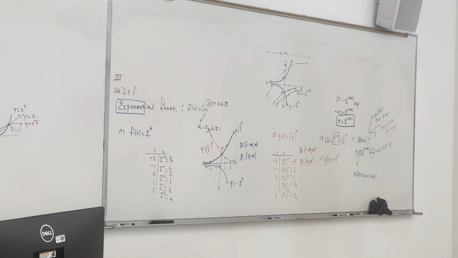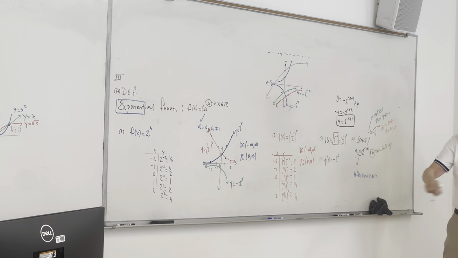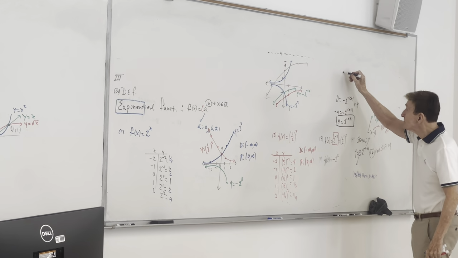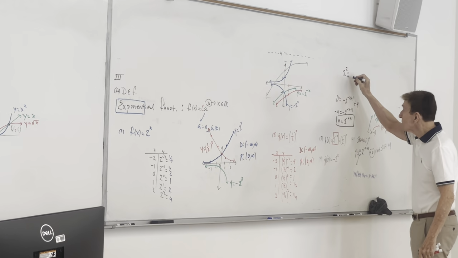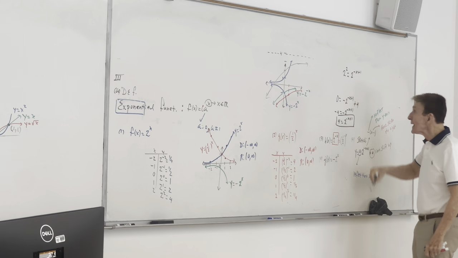Nima, hang on. You say, Professor, let's be clever. Let's not go to logs yet. He says, rewrite 4, being clever, as 2 squared. And of course, the other side is still that.